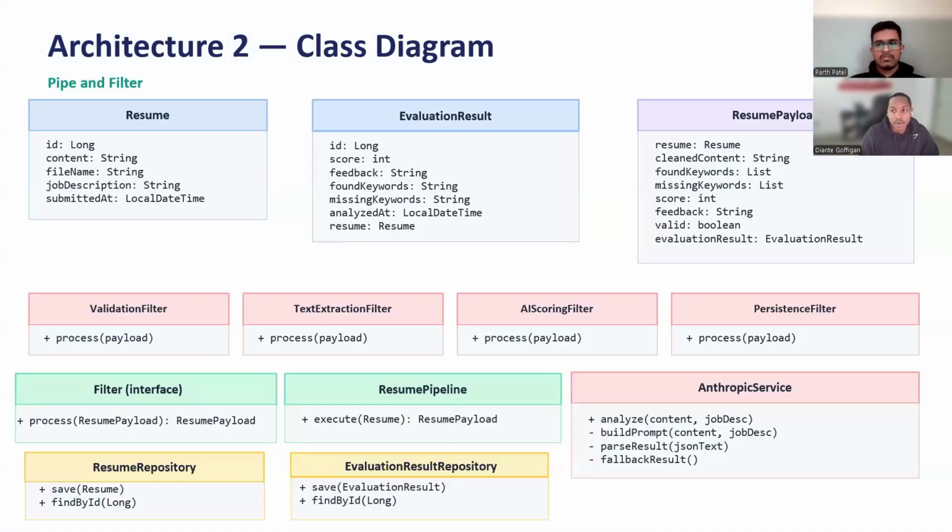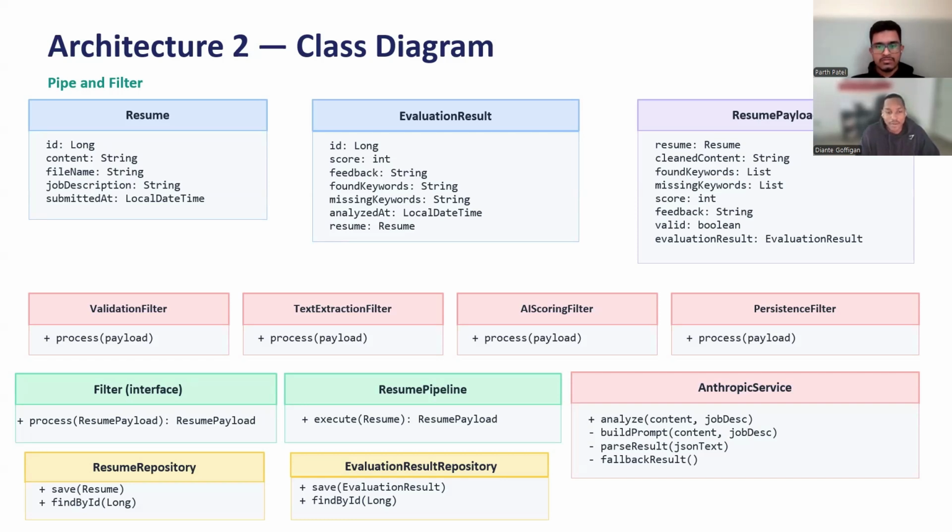Again, the class diagram reflects the filter pattern. Filter is the Java interface with a single method, process, taking a resume payload and returning a resume payload. Every filter implements this contract. Resume pipeline assembles the filter chain and loops through it.